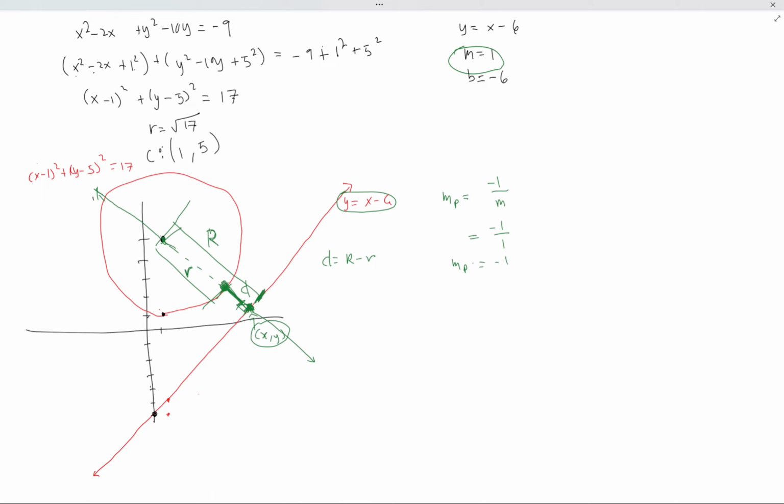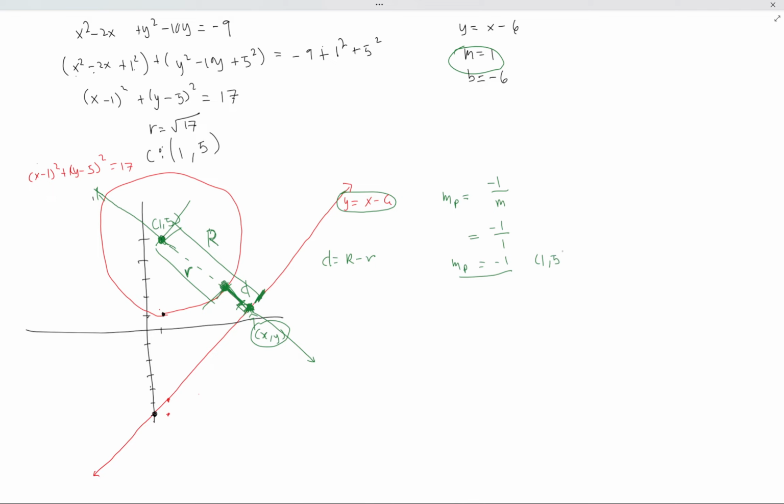Now, how can we construct this line? We need at least one point that we know the line must pass through. And that point is the center of our circle, located at (1, 5). So we have an idea now. The slope of that line is -1, and it must pass through (1, 5).